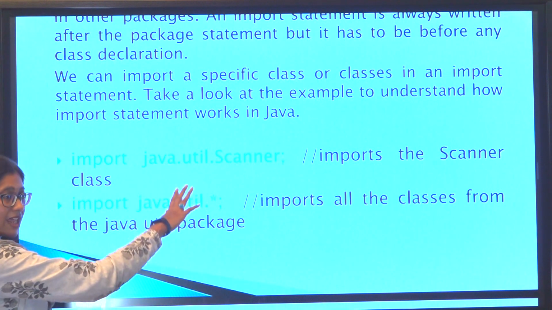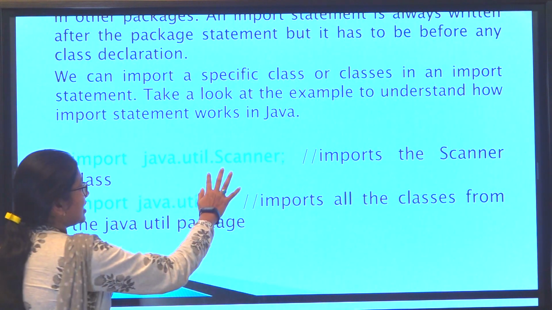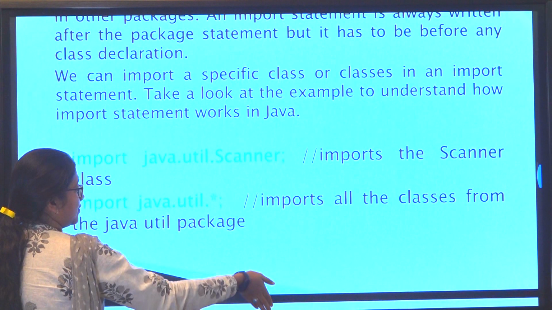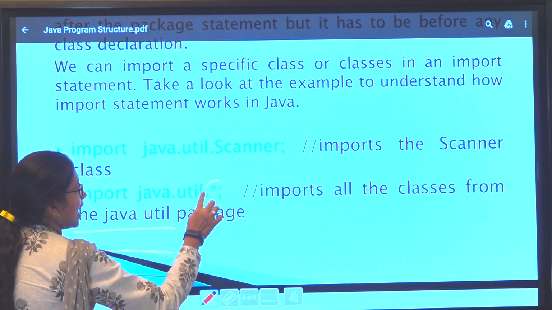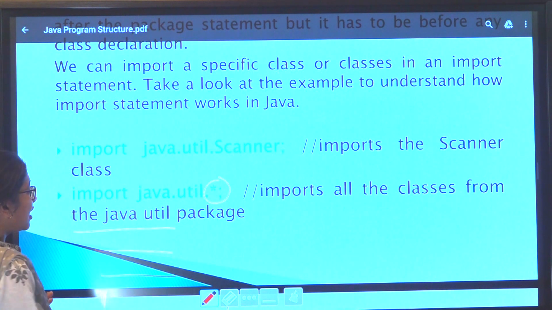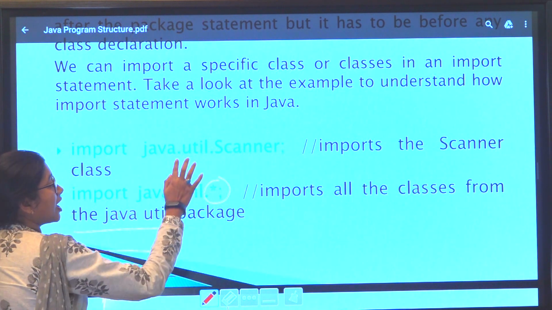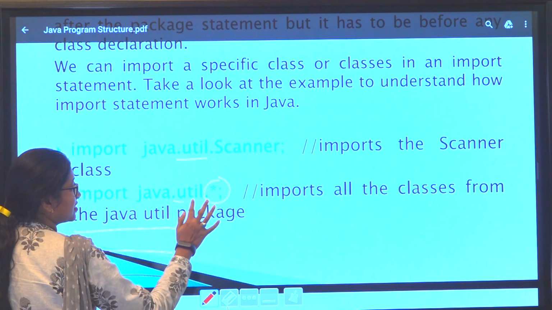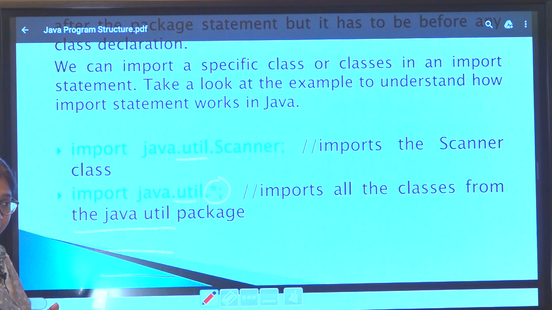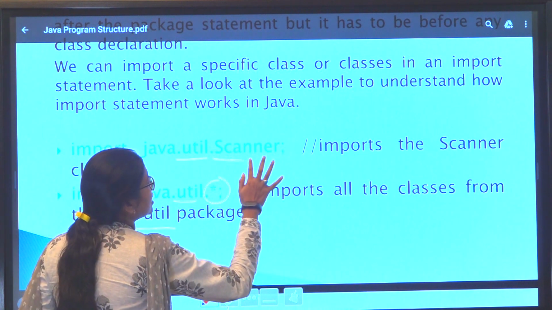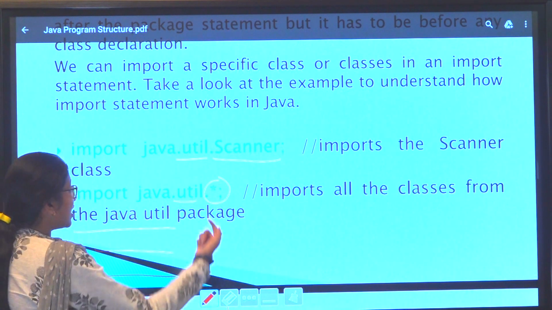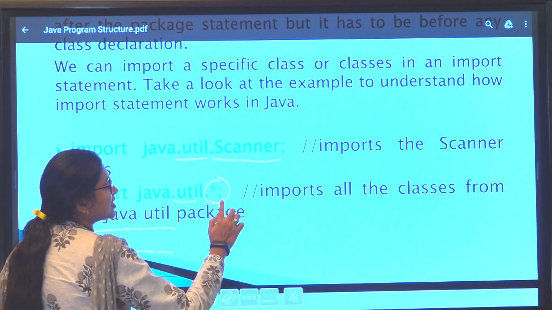Here is an example through which we can import the Scanner class, and the second is an example in which we are using the asterisk sign. In both statements we are importing the util package, but there is quite a difference between these two statements. First, here I am using the Scanner class, while in the second statement I am using the asterisk.